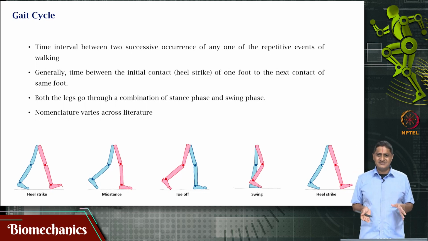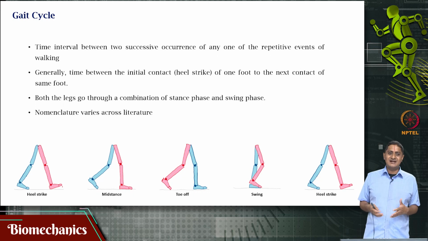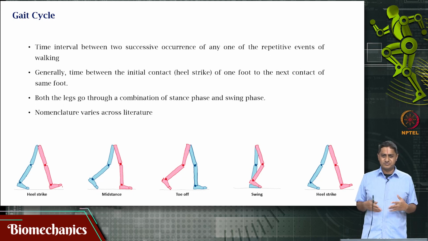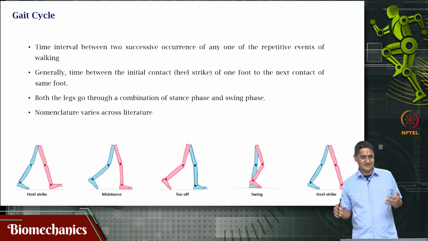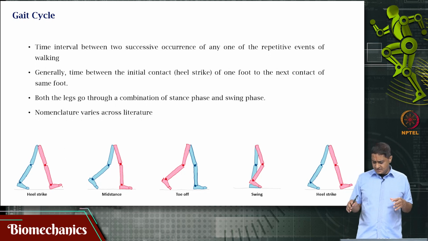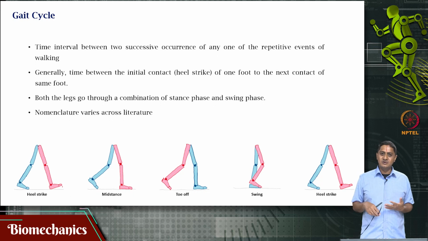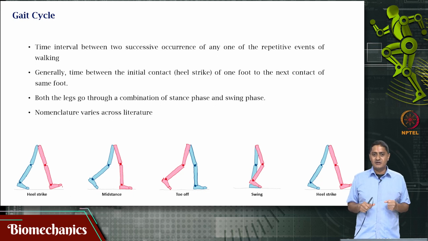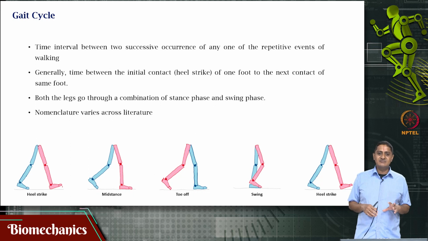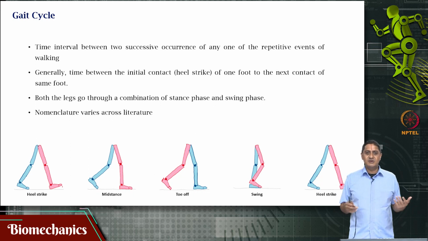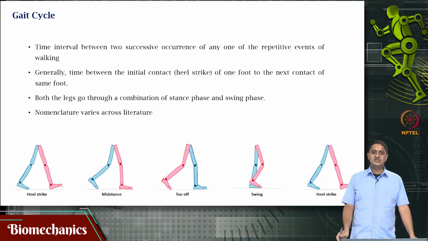It need not be just the heel strike, but this is a standard that people use. A lot of literature uses this approach, so we can understand. It's a convention as opposed to a technical requirement. You can take it whichever way you want. You can start it at toe off, for example, no problem. But heel strike is the method that is used by many researchers and many papers, much of the literature.